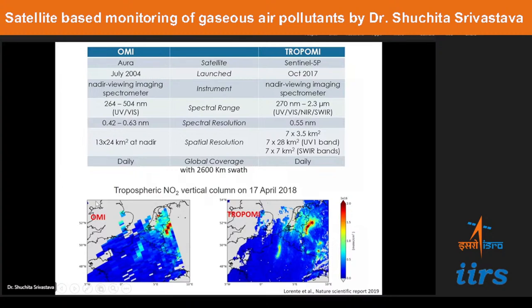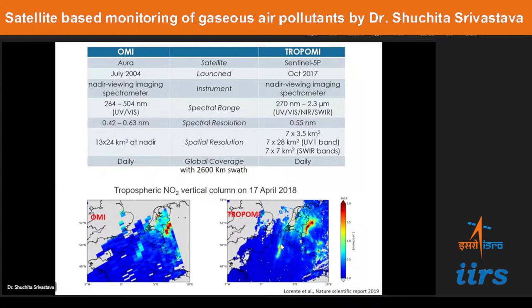Now, in this plot, you can see the spatial distribution of tropospheric column NO2 from OMI as well as from TROPOMI. The spatial resolution of OMI is poor, so you can only roughly say this is a pollution hotspot, but with TROPOMI you can clearly see the pollution hotspots and the value of pollutants over different points.